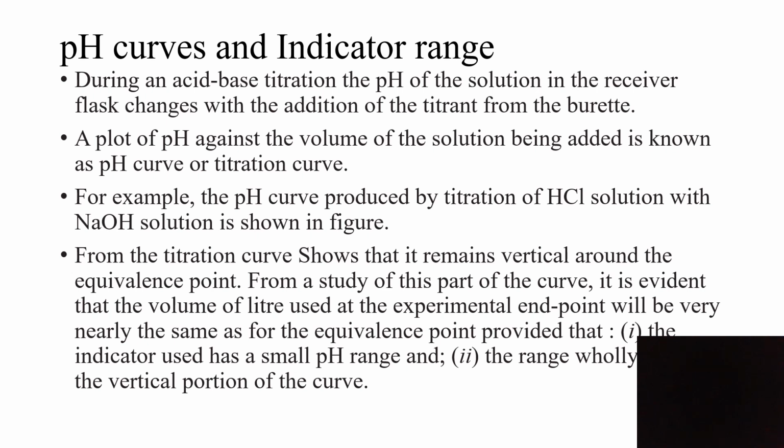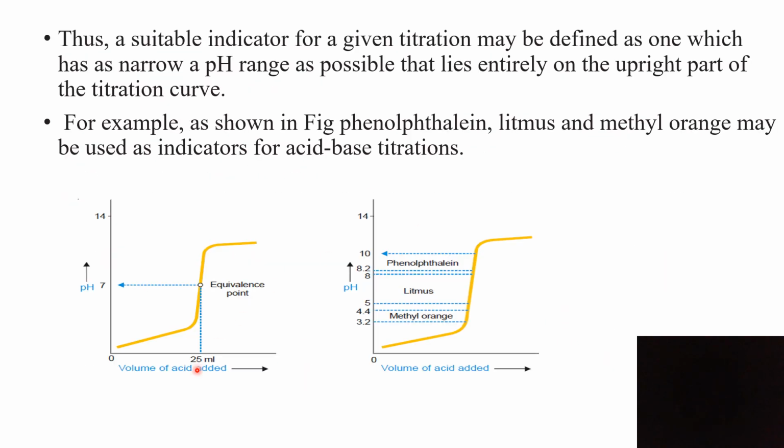For example, the pH curve produced by the titration of HCl with NaOH solution is given in this figure. When adding sodium hydroxide, the pH of the solution increases slowly at first and then rapidly in the vicinity of the equivalence point, and then slowly again.